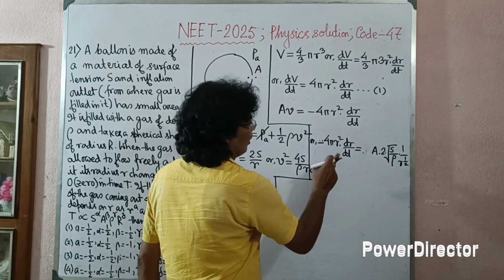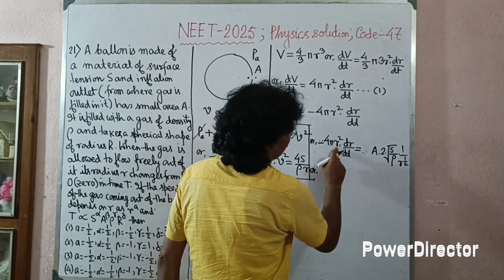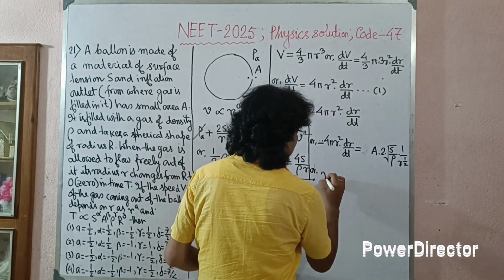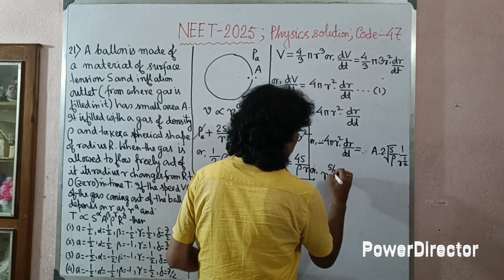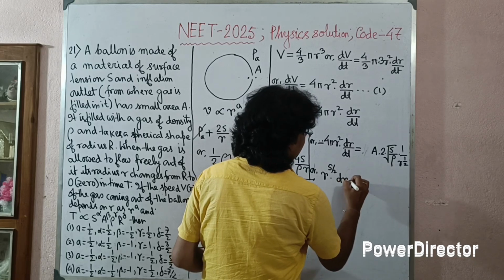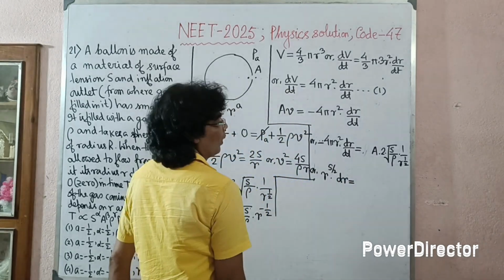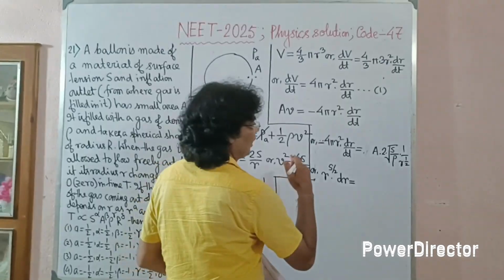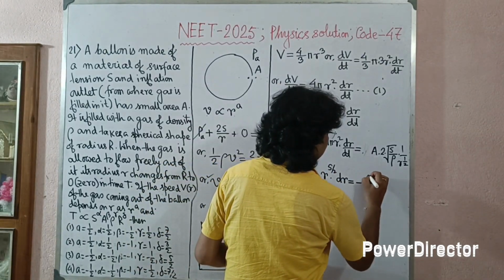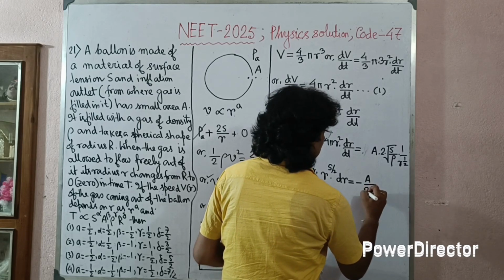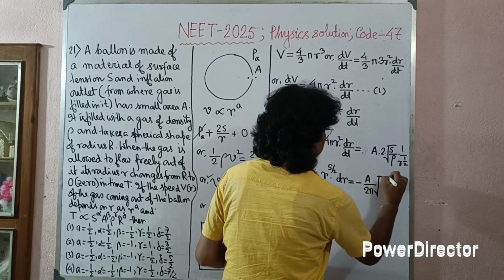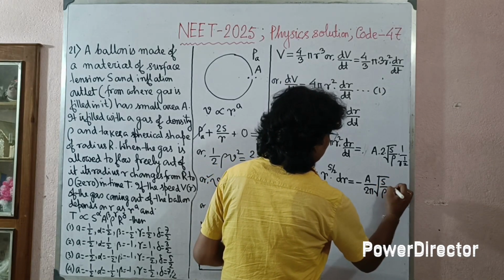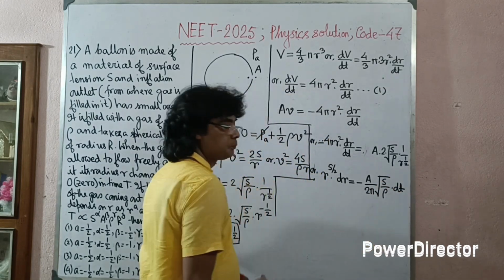Now multiply r square into r to the power half becomes r to the power 5 by 2 dr equal to, here 2, here 4. After cancelling becomes minus A by 2 pi. Okay. Root over S by rho dt.